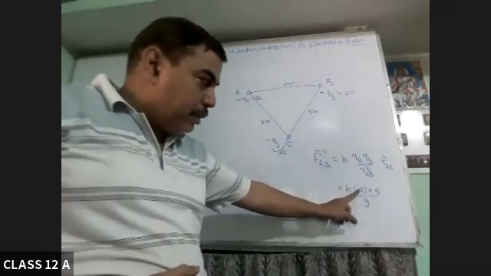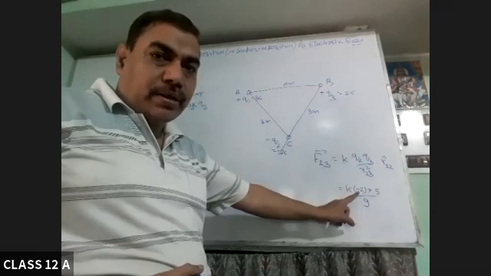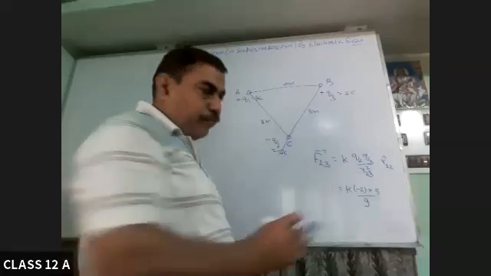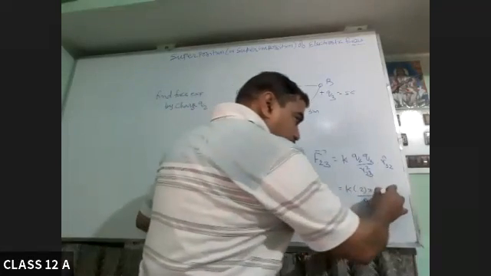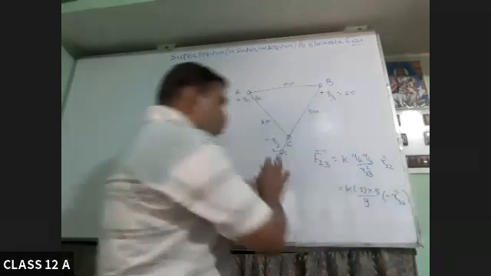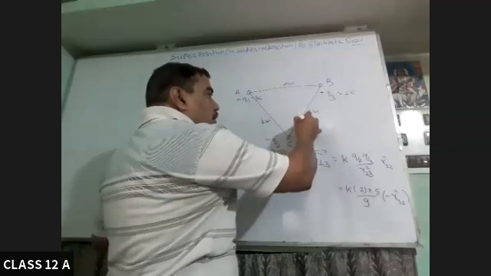But here a negative sign is coming. What does it mean? Opposite of the direction. If you are not giving the minus sign here, then the direction is the other way. What is the direction now? This one.